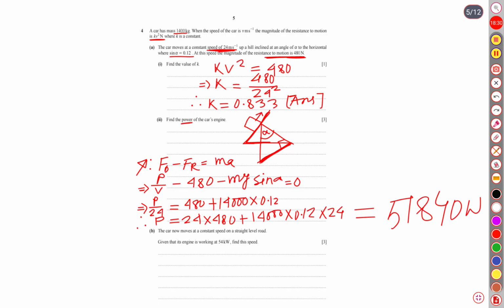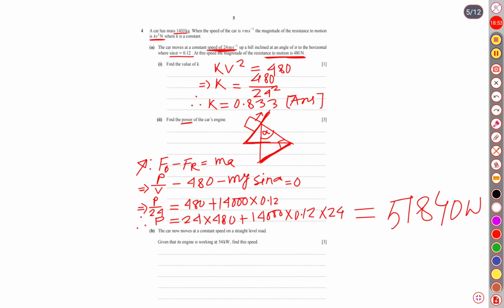B says the car now moves at a constant speed on a straight level road. Given that the engine is working at 554 kilowatts, find the speed. So they have told us to find the speed.